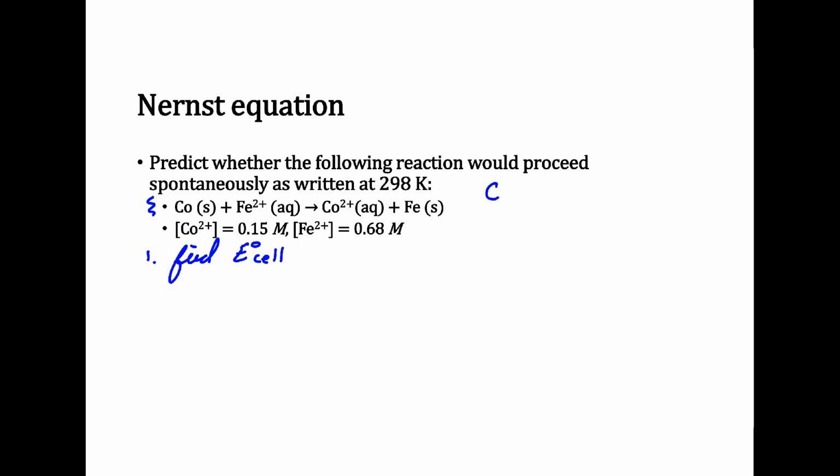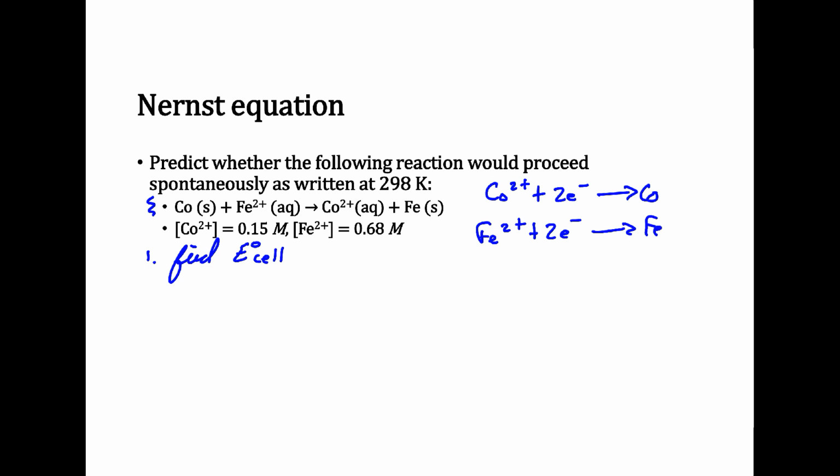So we have cobalt 2+. Okay, so I'm flipping this around because I need to write the reduction potential out for this. And then we also have iron, which we have Fe2+ plus 2 electrons yields Fe.